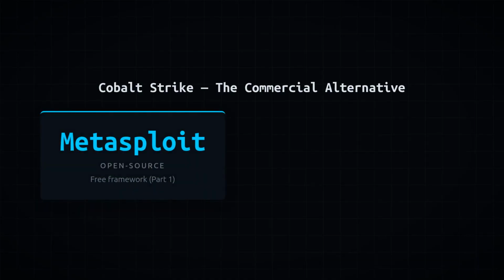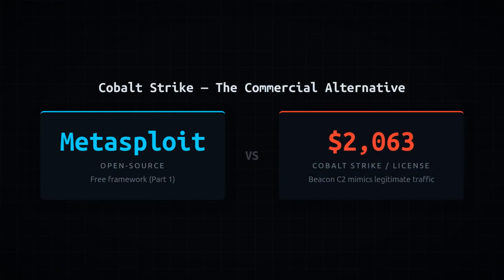Cobalt Strike is the commercial alternative, $2,500 per license, targeted at red teams and professional penetration testers. Its beacon payload is a sophisticated command and control implant that communicates with attacker infrastructure using configurable, malleable profiles, network traffic patterns designed to mimic legitimate software.